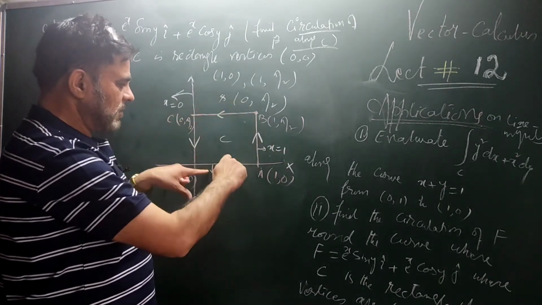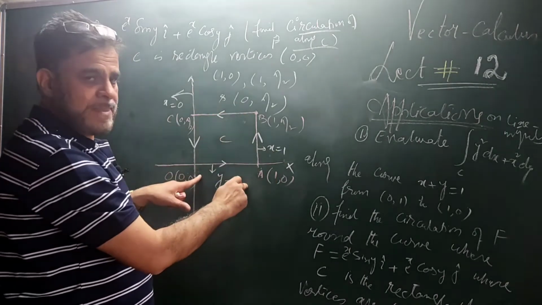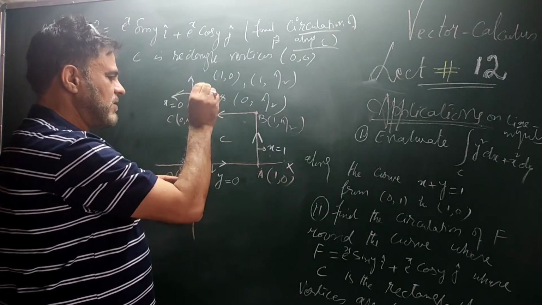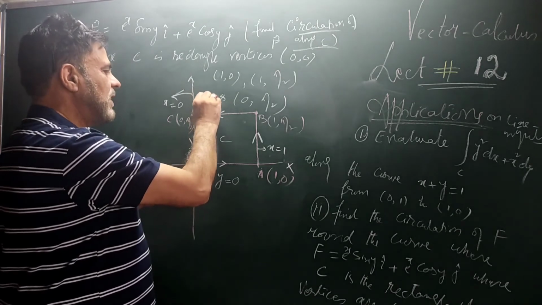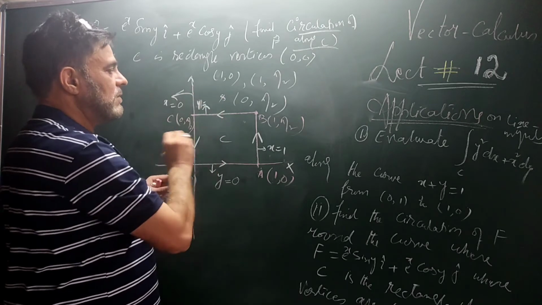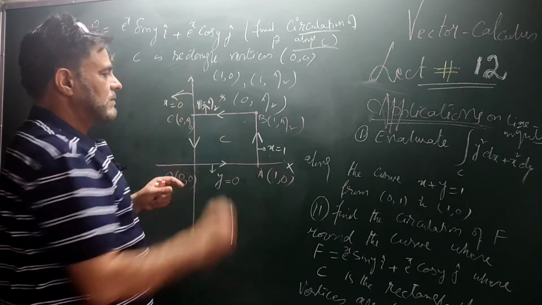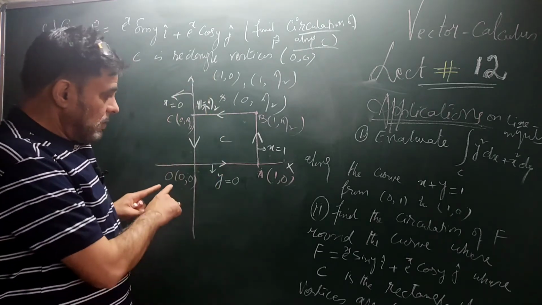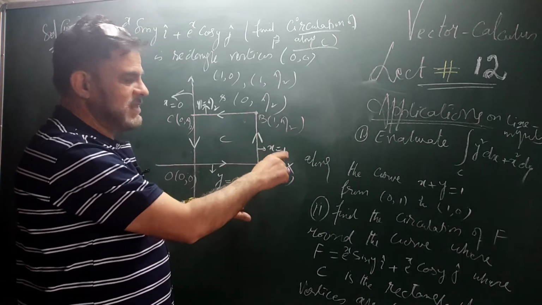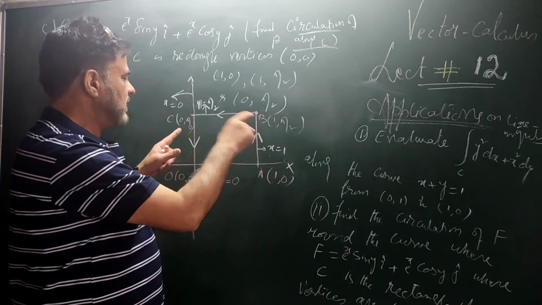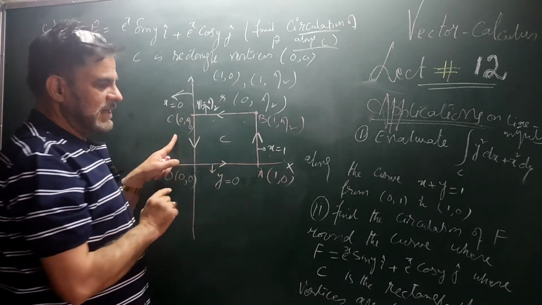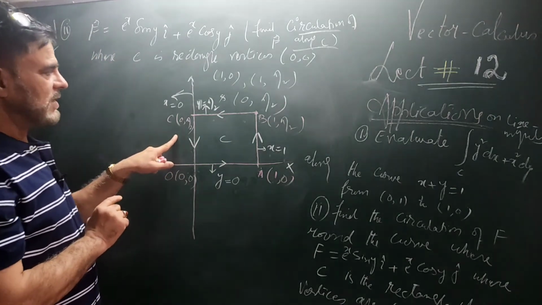Again, this is parallel to the x-axis, but the distance is pi by 2, so its equation is y equal to pi by 2. Okay. So along OA I have y equal to 0. Along AB I have x equal to 1. When I go along BC I have y equal to pi by 2, because it is parallel to the x-axis at a distance of pi by 2.